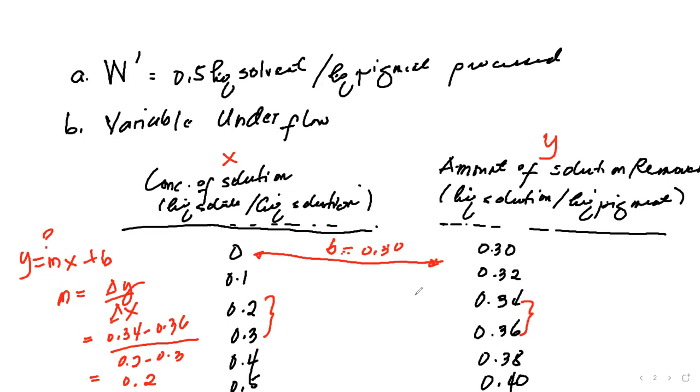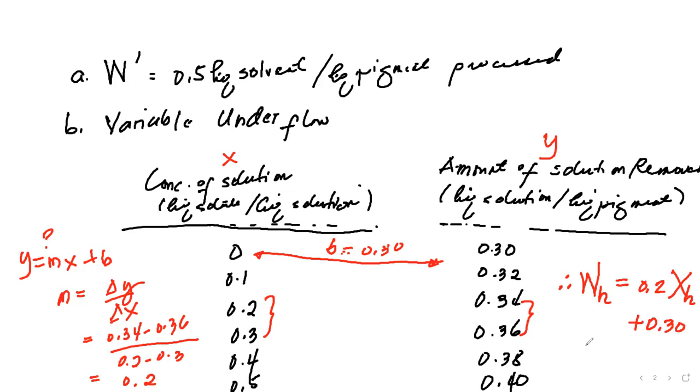Therefore, we can say that our equation is: the amount of solution removed in the underflow is represented by W, and for a particular thickener by H. So we'll have W_H equal to 0.2 times the concentration of the solution, X_H, then we add the y-intercept.